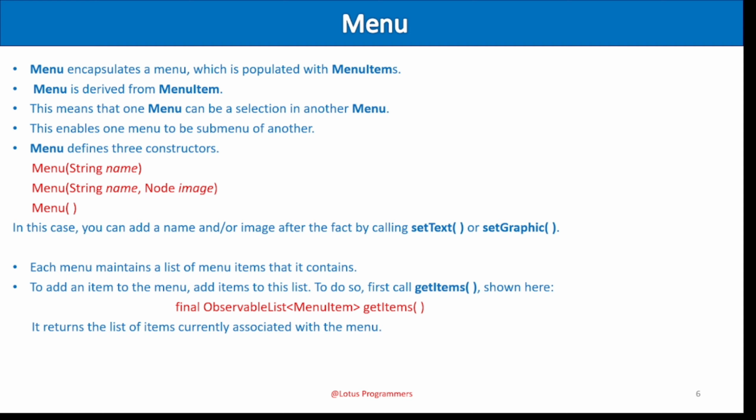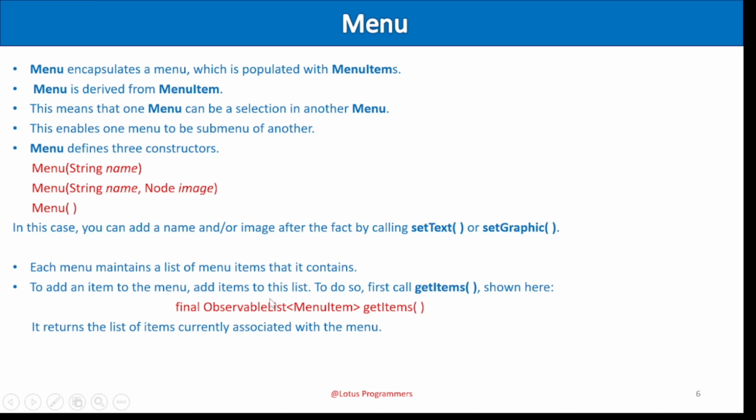If the menu is created with the empty constructor, to set the name for the menu, we call the setText method. To set the image for the menu, we will call the setGraphic method. So this is the way we can set the name as well as the image also.